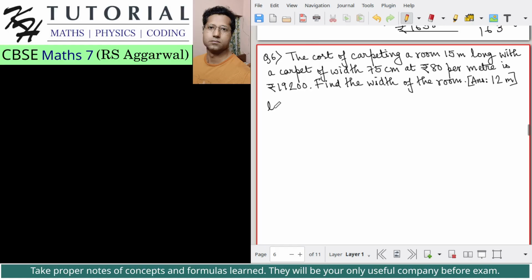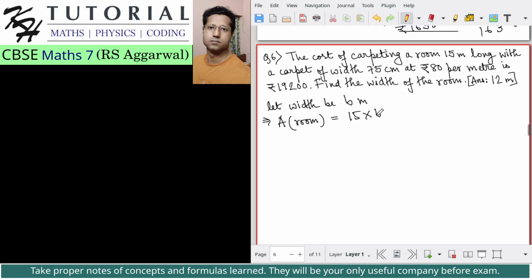So let the width be b meter. Let the breadth of the room be b meter. So this implies that the area of the room is equal to length, which is given to be 15 meter, and we have assumed the breadth, that is width, to be b.